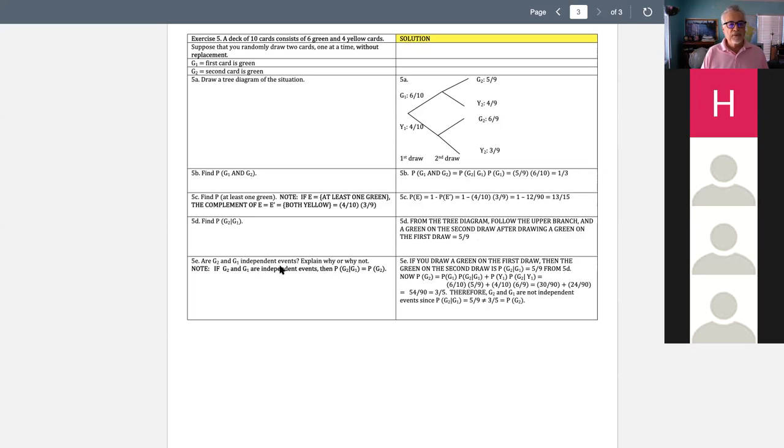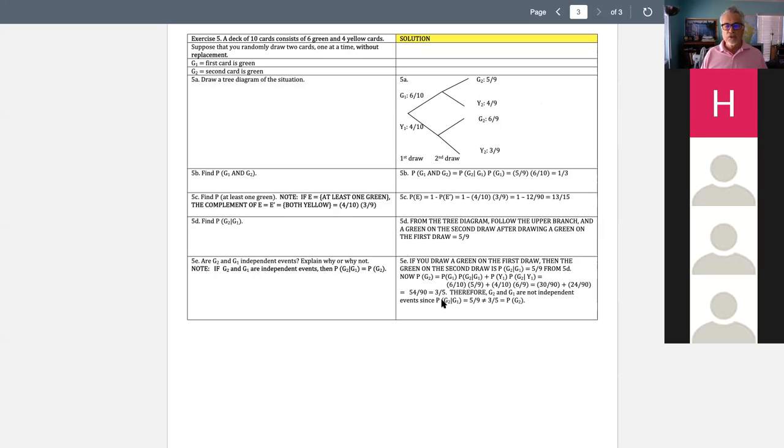So they're not independent, of course, because their conditional probability is certainly not equal to the probability of G2. We saw that up here. And so this calculation down here basically goes through that reasoning and shows you that the probability of G2 given G1, which is 5/9, is not the probability of G2.